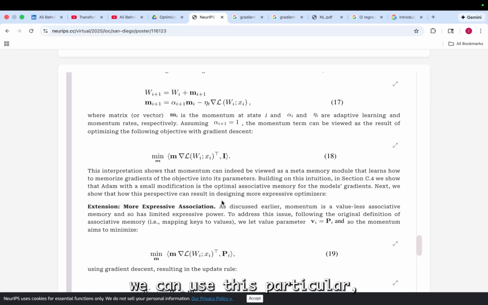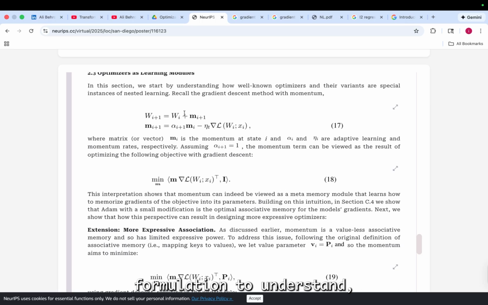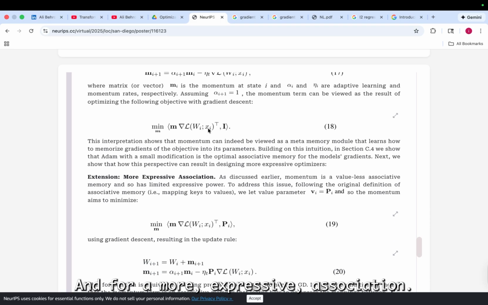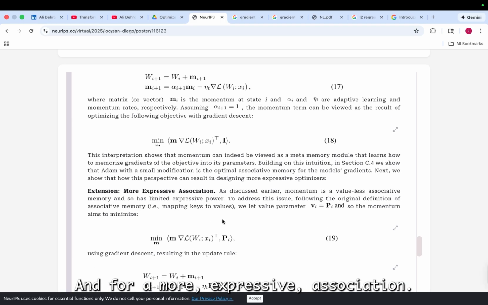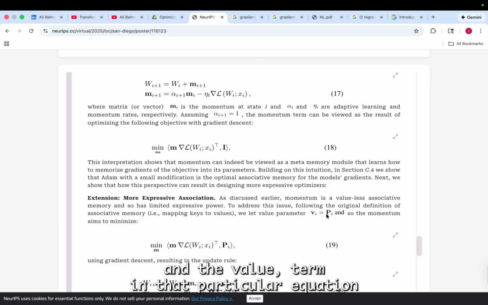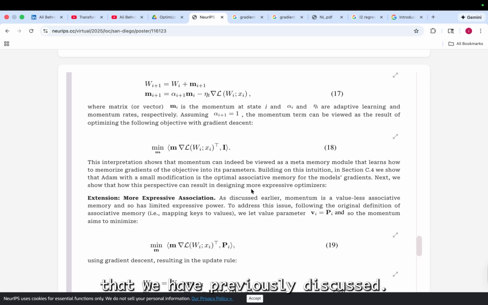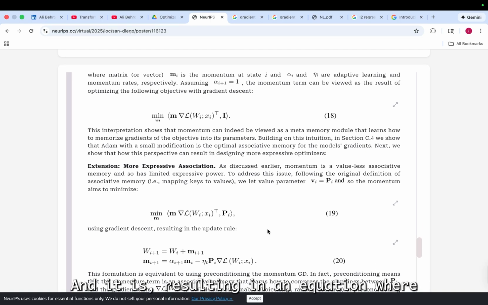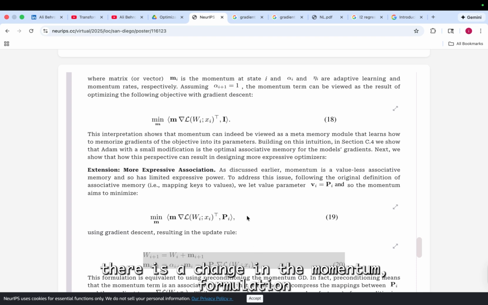say that we can use this particular formulation to basically map the entire learning in neural networks. And for a more expressive association, they have added the value term in that particular equation that we have previously discussed, and it is resulting in an equation where there is a change in the momentum formulation.